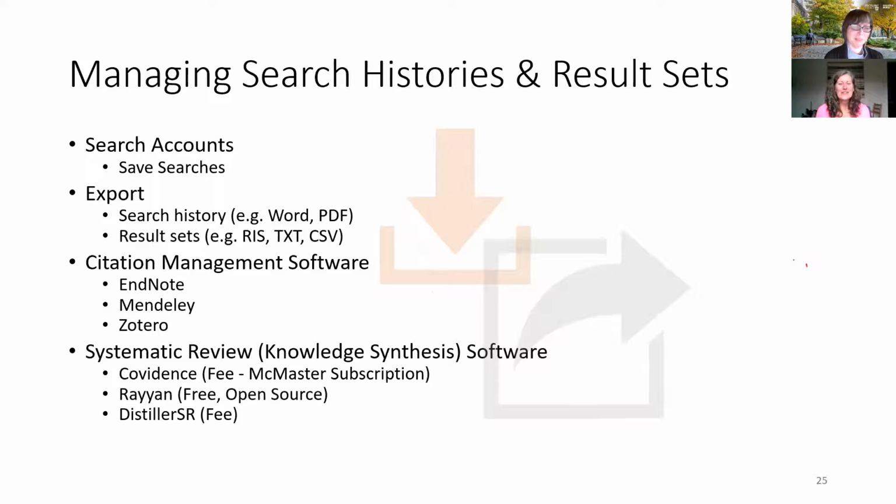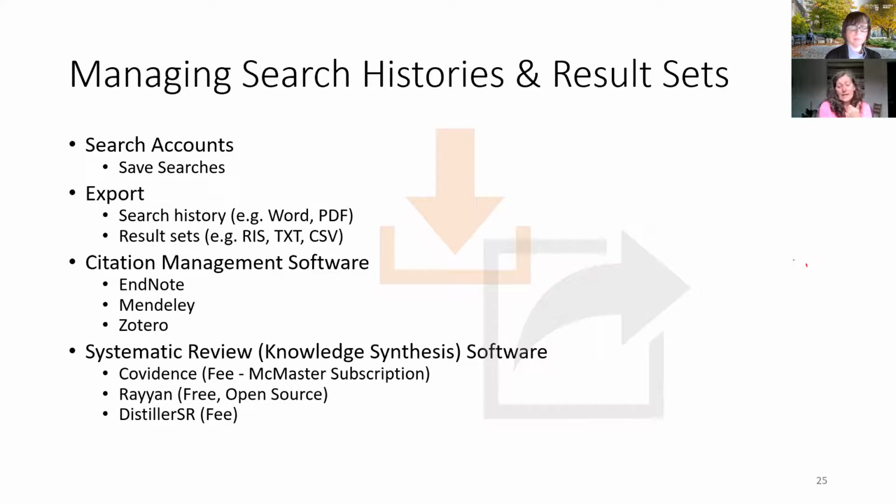So this part of managing your results, you've done the search, is another thing that can make a systematic review very unique. The first one, not so much, but it's search accounts. Each database provides you with the opportunity to set up a free account in that database, like ProQuest. If you do it in one ProQuest database, it applies to all the ProQuest databases.